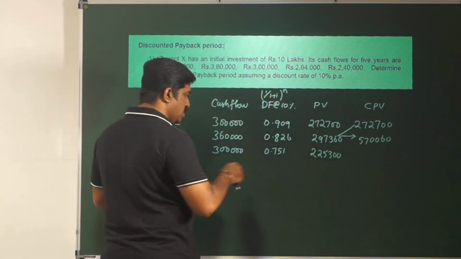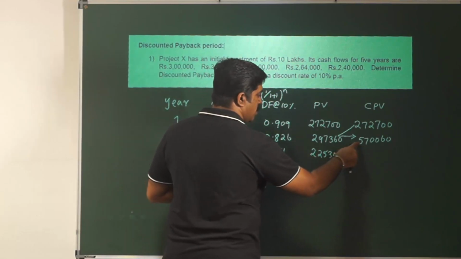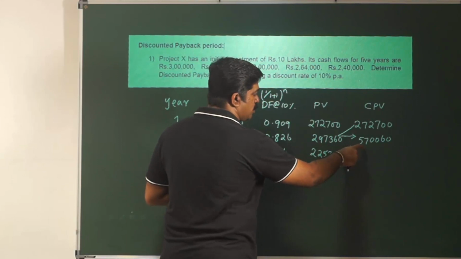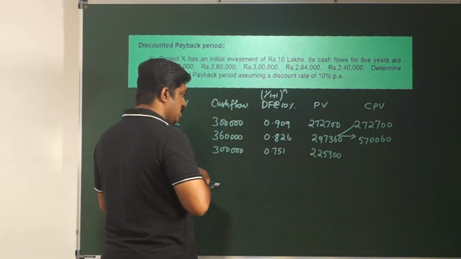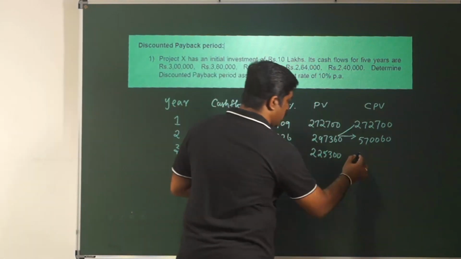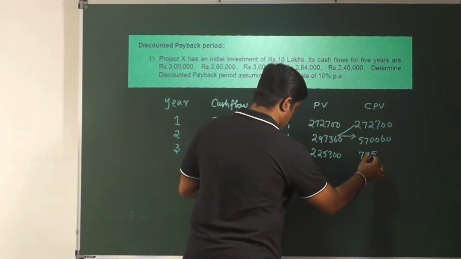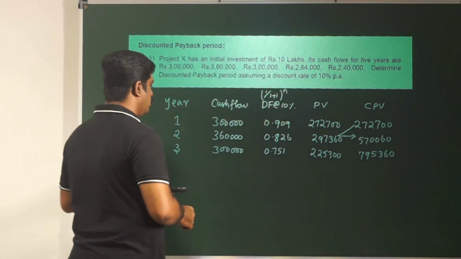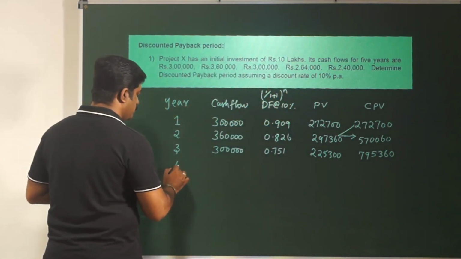Then what we should do? 225,300 has to be added to 570,060, that is the cumulative present value up to the previous year. What we get is 795,360.